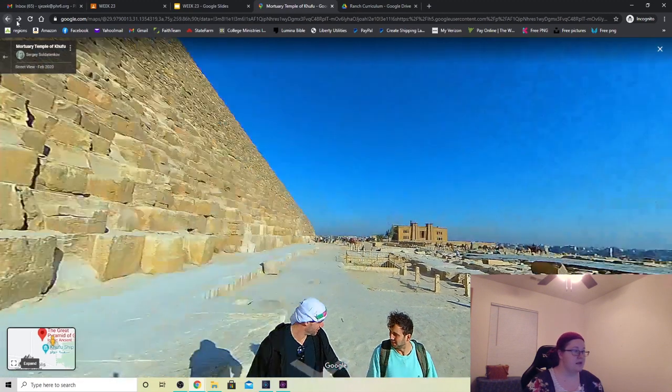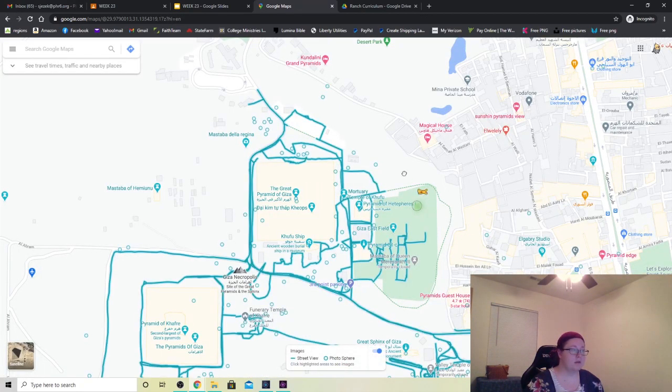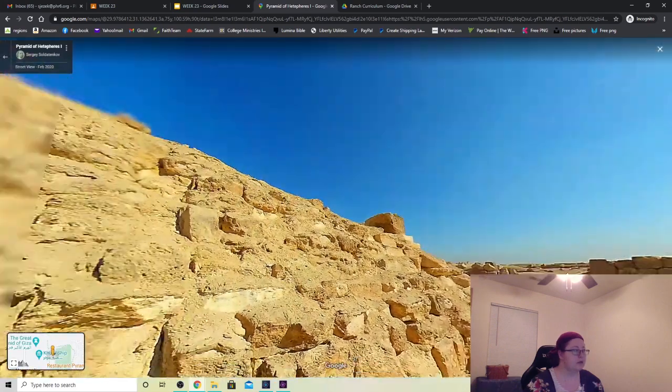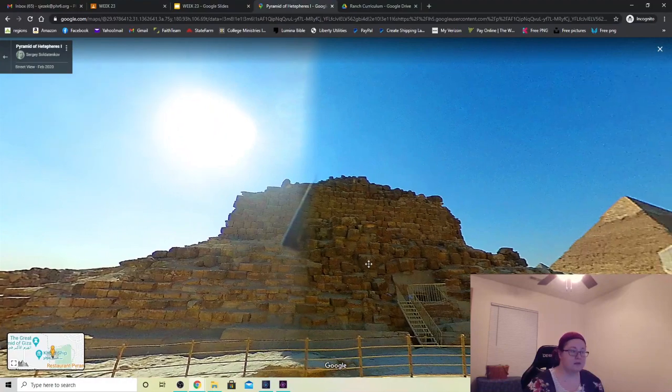Let's try a slightly different spot. Maybe here. Here's maybe some smaller pyramids or buildings.